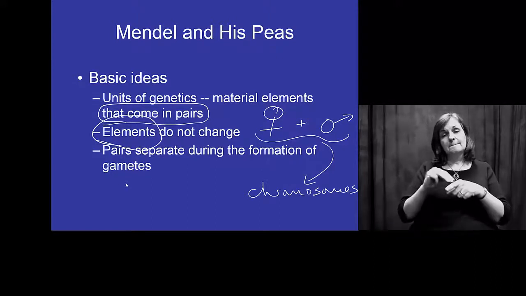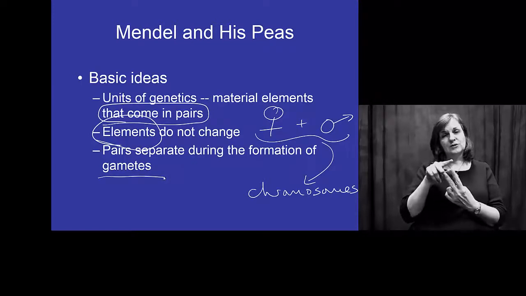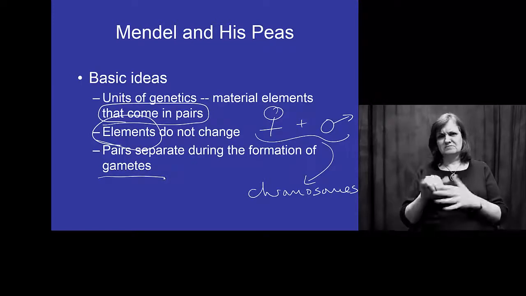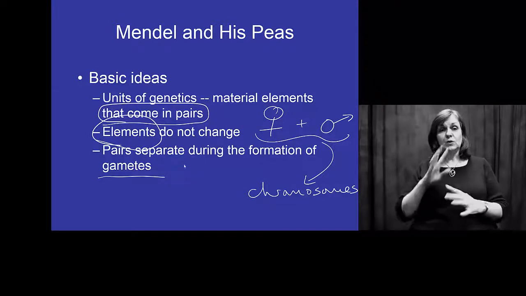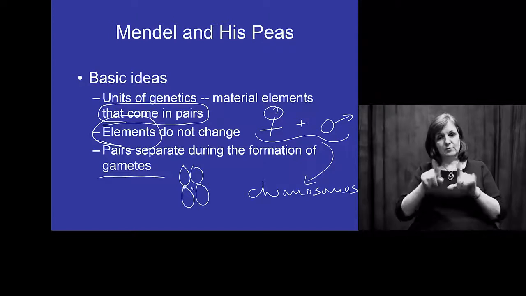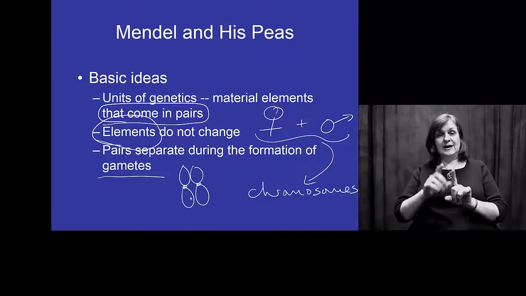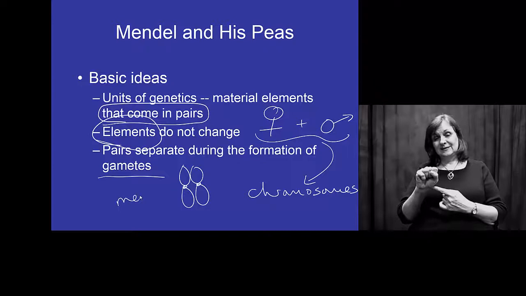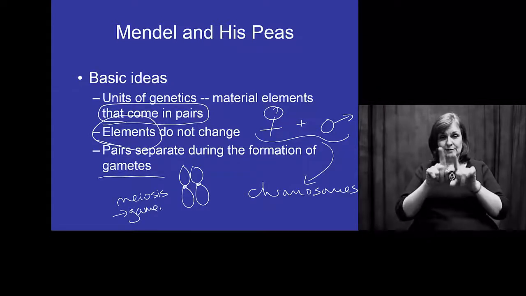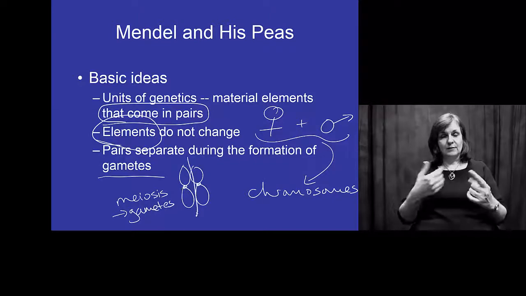The other thing he thought a lot about was that pairs separate when we talk about gametes. Well, that's terrific, all right? But when we talk about chromosomes in us, we think about these pairs of chromosomes, all right? And literally in meiosis, the production of gametes, we do look at this separation of chromosomes.